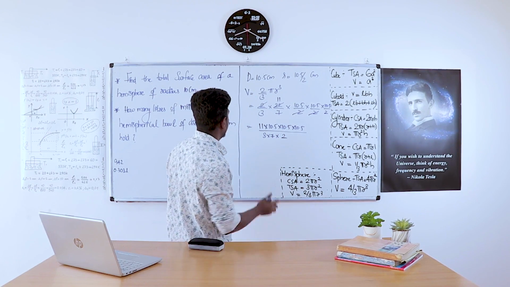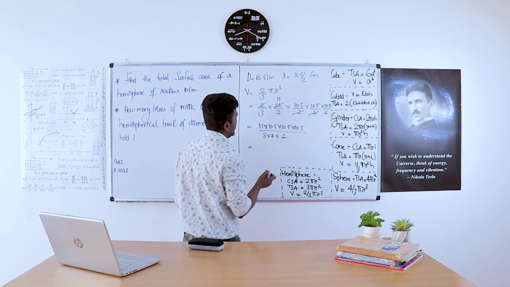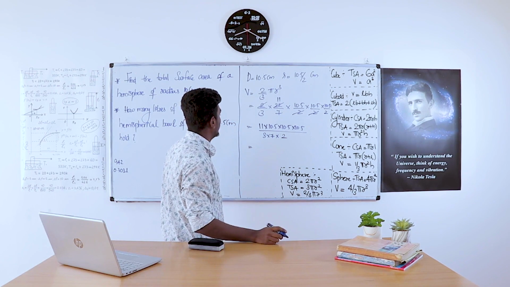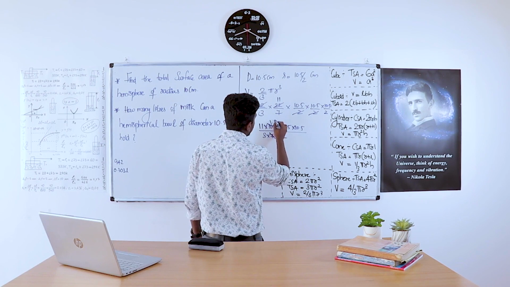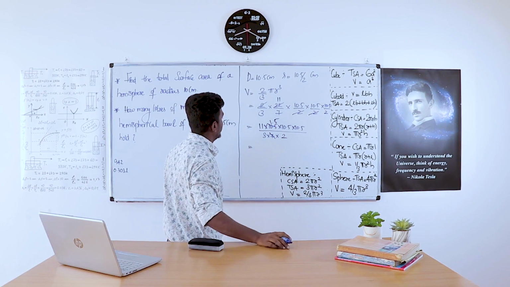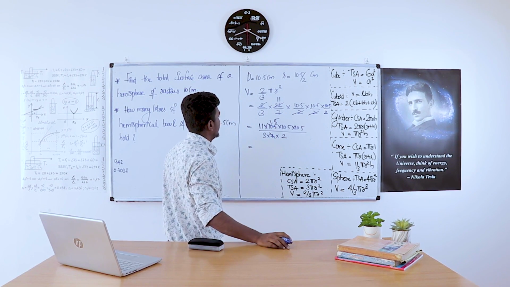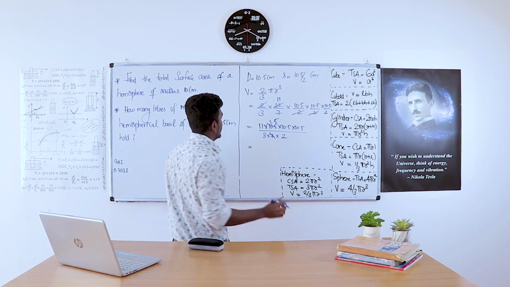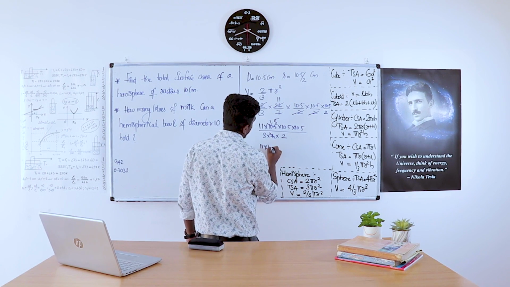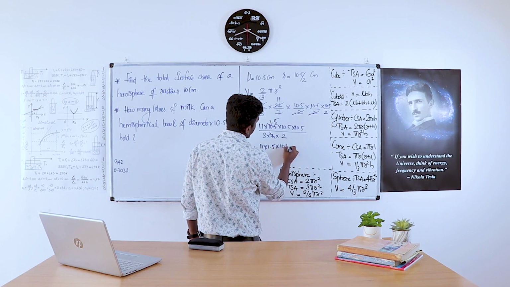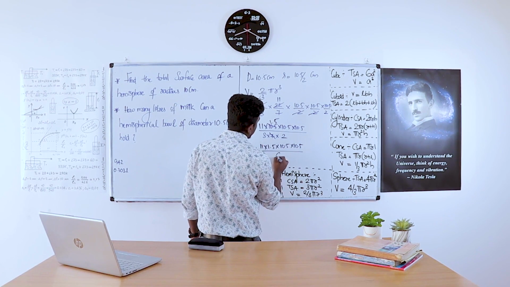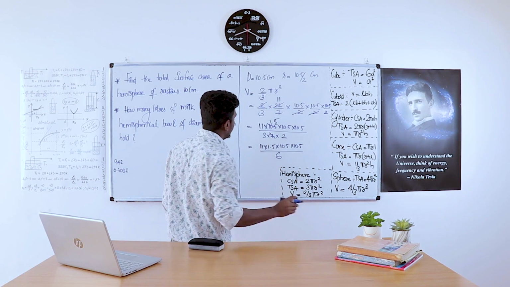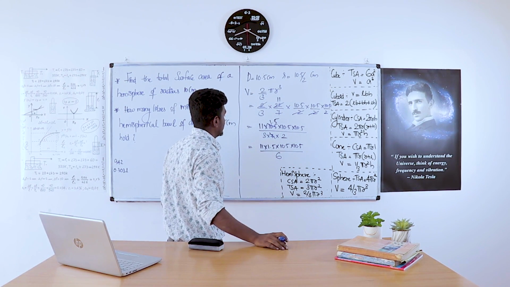Then you know that 15 into 7 is 105. So this 10.5 and 7 can be cancelled and it becomes 1.5. Then it becomes 11 into 1.5 into 10.5 into 10.5 divided by 3 into 2, it becomes 6.